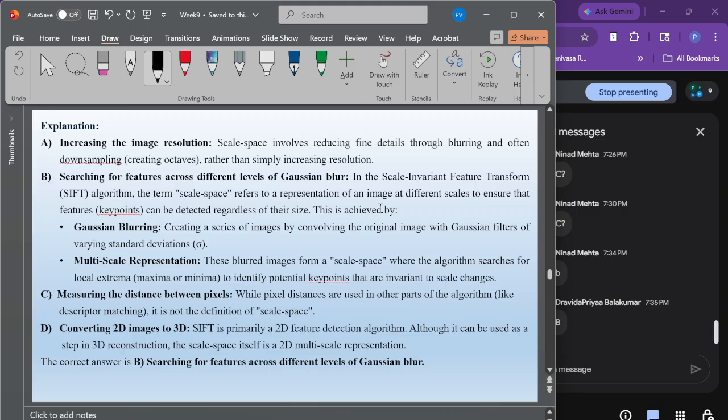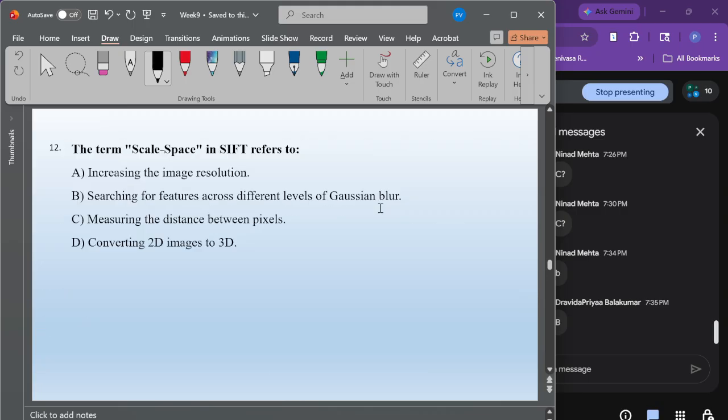SIFT is primarily a 2D feature detection algorithm, and it can be used in 3D reconstruction, but scale space itself is a 2D multi-scale representation. So that is also not a correct option. That can be a part of it, but not scale space. So the correct option is option B: searching for features across different levels of the Gaussian blur.